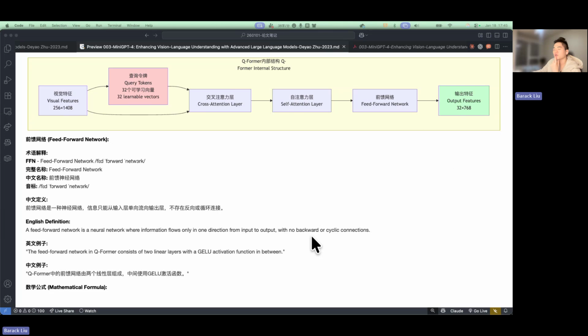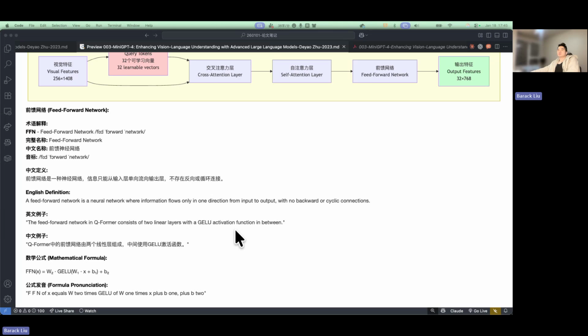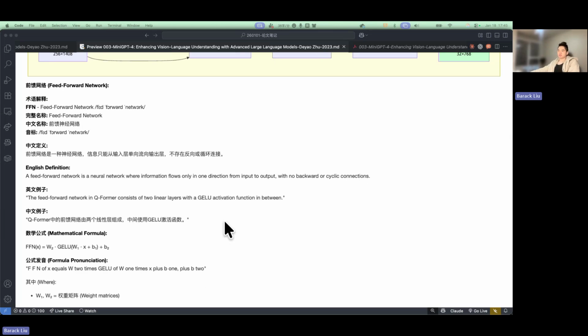A feed-forward network is a neural network where information flows only in one direction from input to output with no backward or cyclic connections. The feed-forward network in QFormer consists of two linear layers with GELU, an activation function, in between.